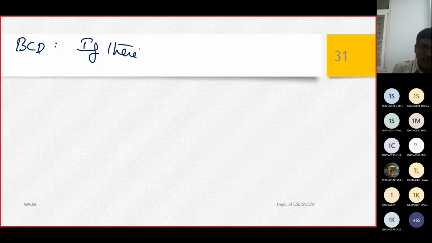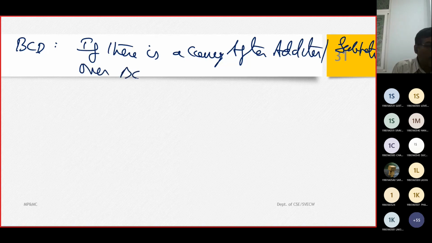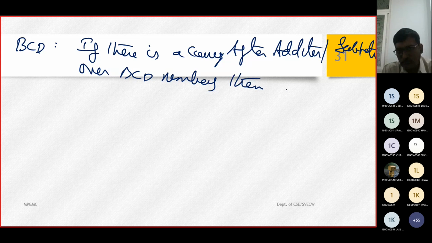If there is a carry after addition or subtraction over BCD numbers, then we say BCD is equal to 1.